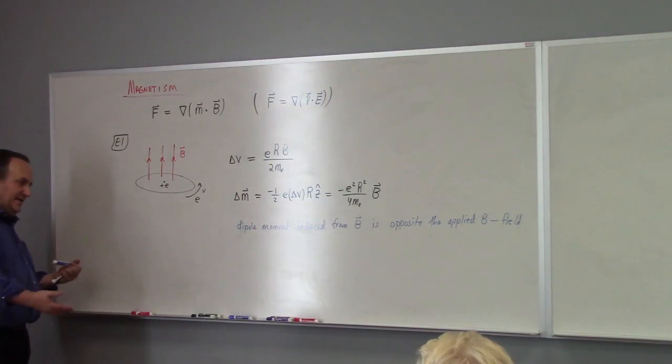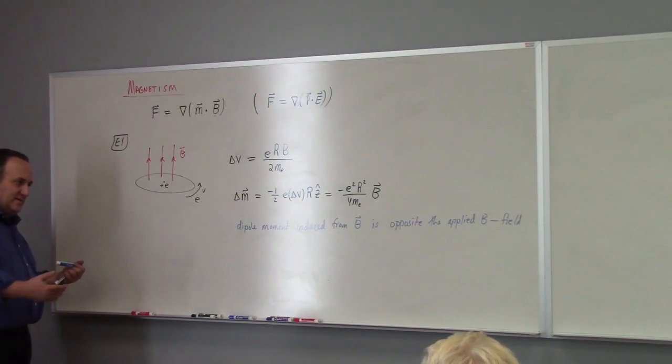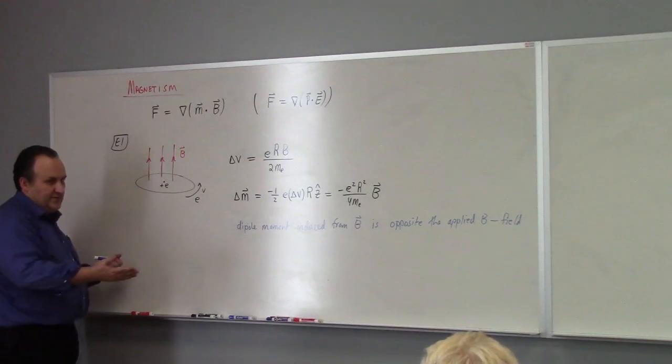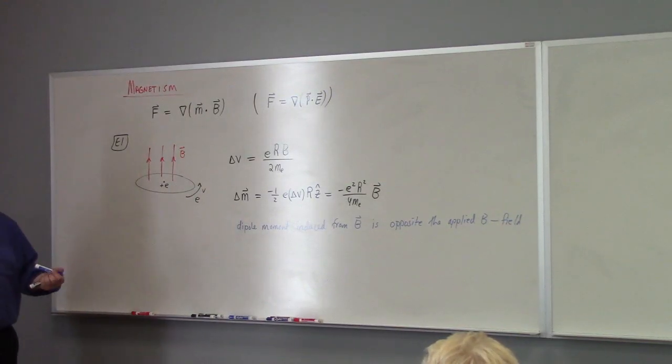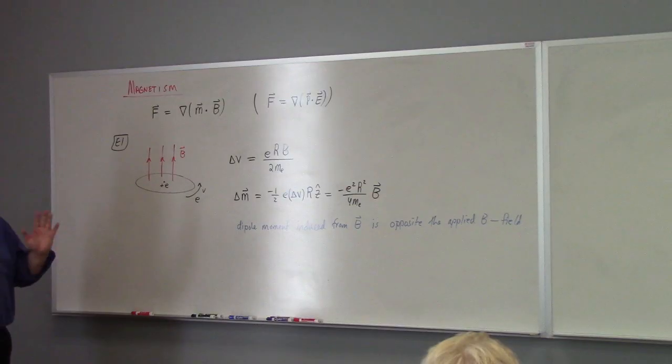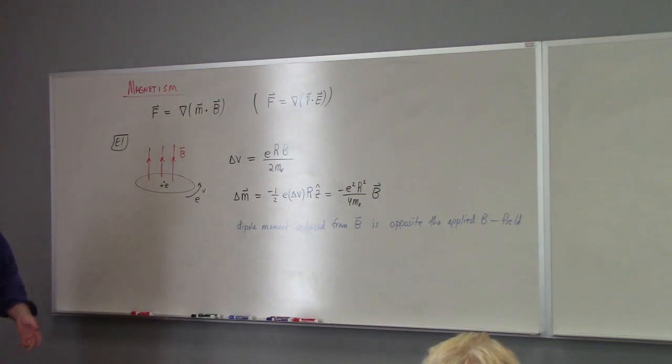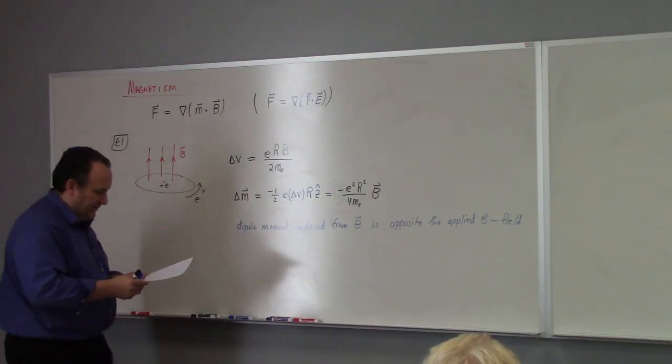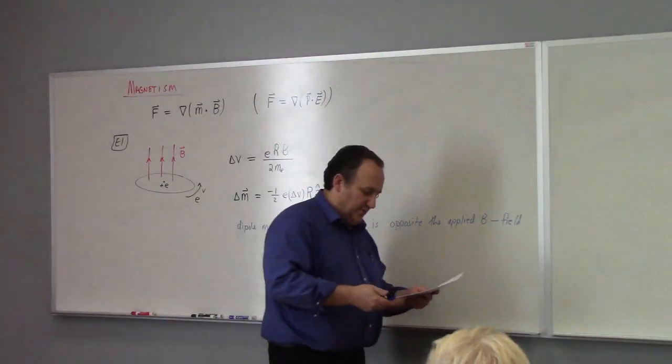For a paramagnet, the magnetization is in the same direction as the B field. And for a ferromagnet, it has some kind of permanent magnetization, which is a more complicated story. Its magnetization can be independent of the B field to start with. It can get aligned any old way, I think. Anyway, that's a more complicated story.